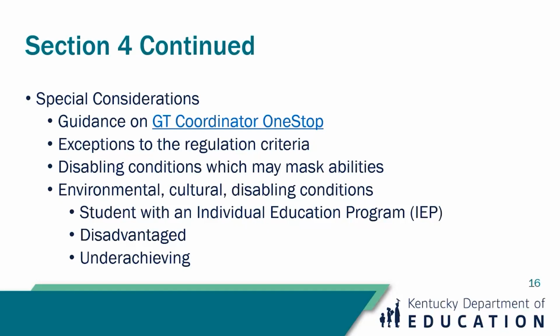So please look at that definition of disadvantaged and also underachieving, and it will help you as you're thinking about students who should be considered for exceptions or special considerations for the gifted program identification.